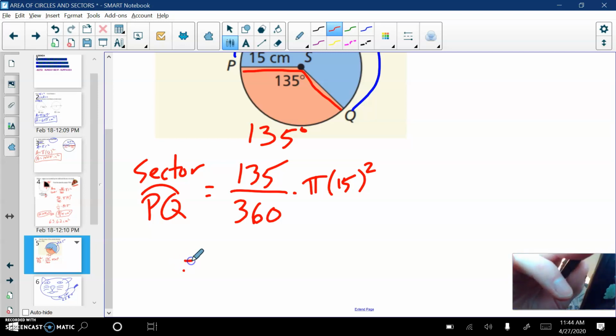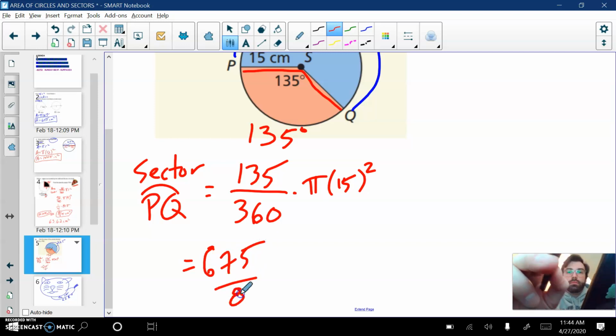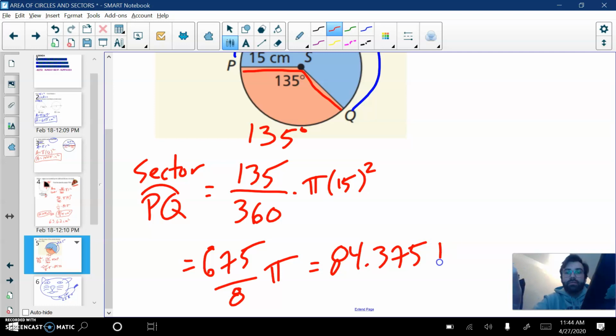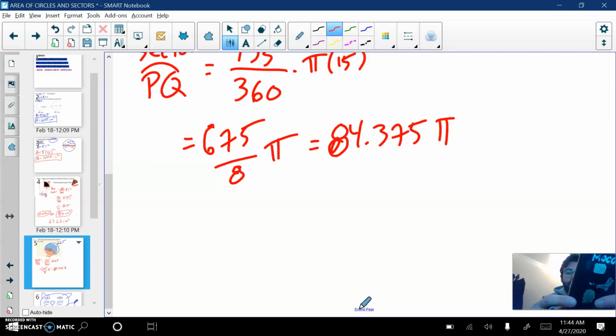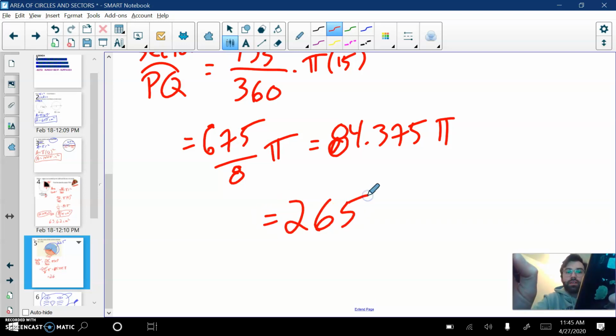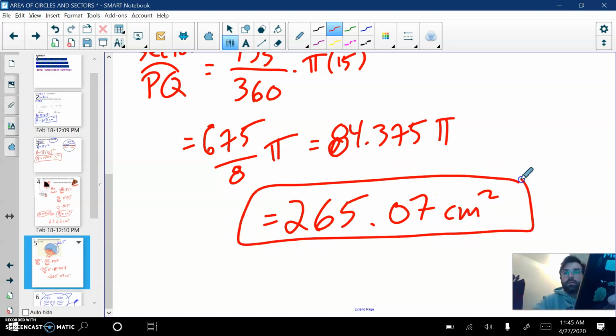As an exact answer, I got 675 over 8 pi, which is 84.375 pi, which if I multiply the pi gives me 265.07 centimeters squared.